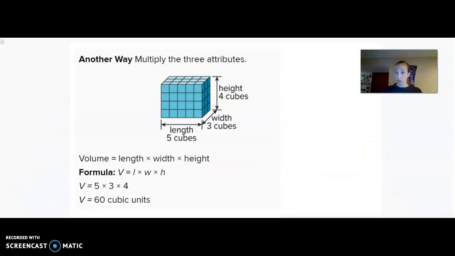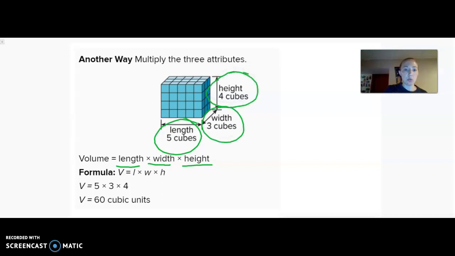Now there's a different way to get it. It's very similar. It's almost breaking it down another step. We do the length times the width times the height to get the volume, or L times W times H. You'll see it abbreviated. So in this one, the length is 5, the width is 3, the height is 4.